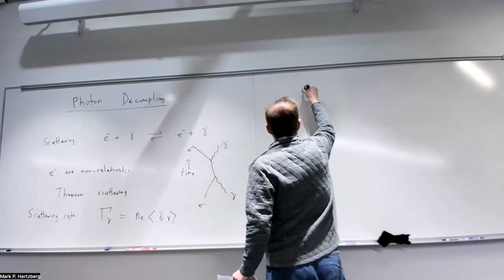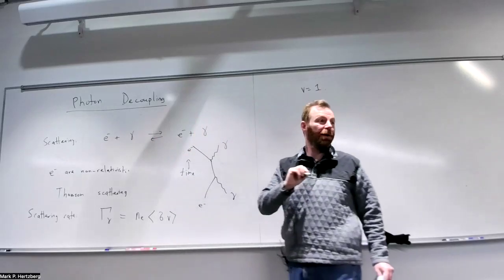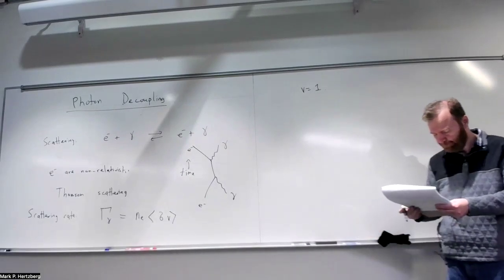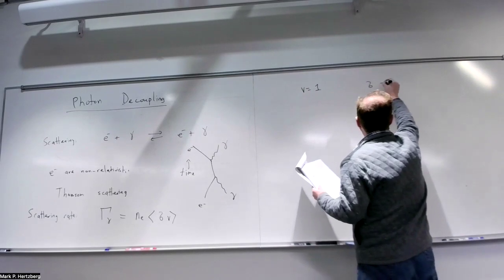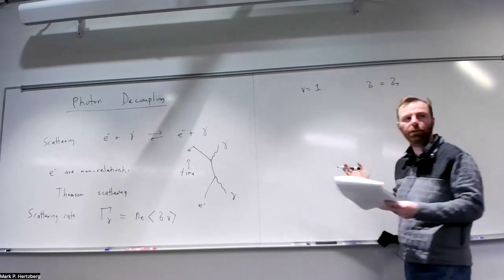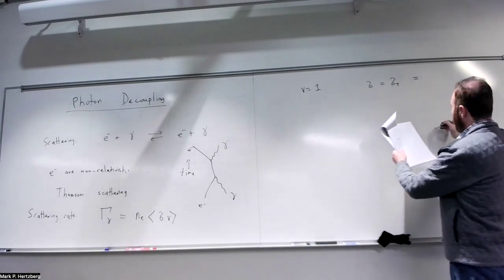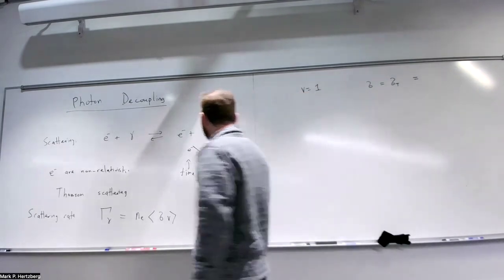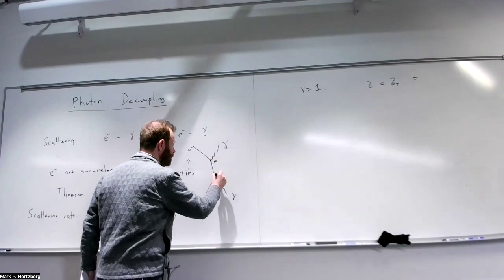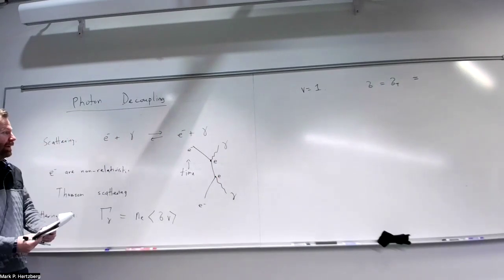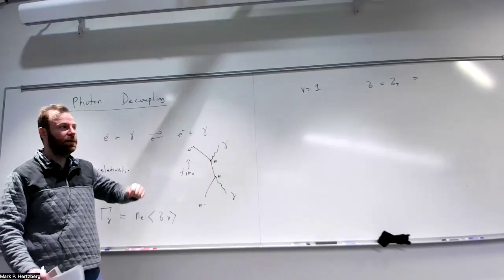So v is 1. That's the relative velocity; the photon moves at the speed of light, so v is 1. And sigma, I want to call it sigma sub T, usually for Thomson. We can just write down the formula for that. If you want to be lazy and estimate it, you'd say there are some factors of e here. The amplitude goes like e squared, which is like alpha, the fine structure constant.